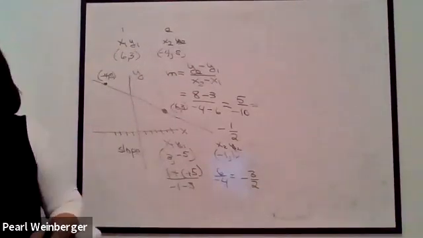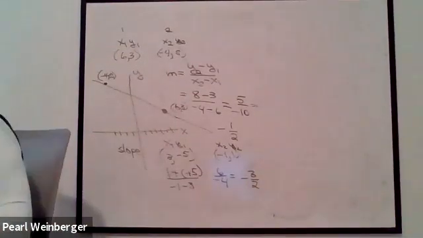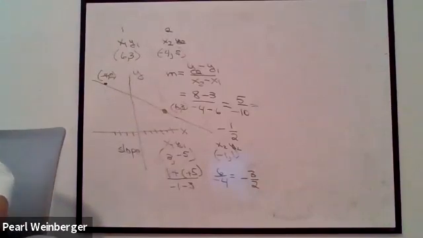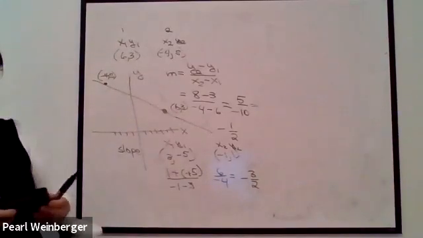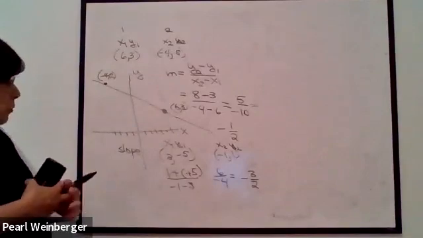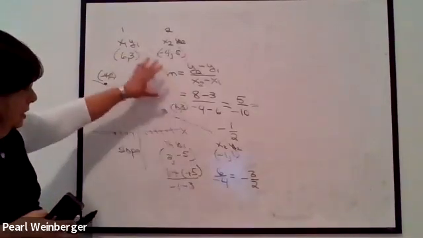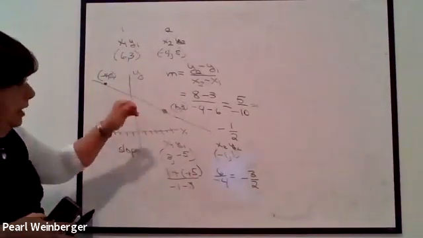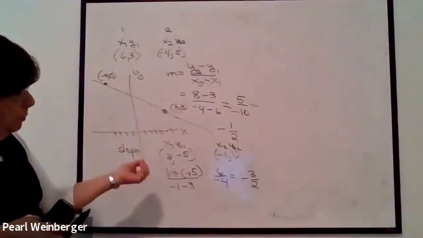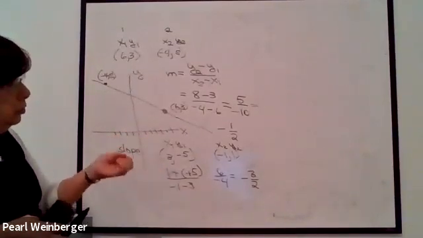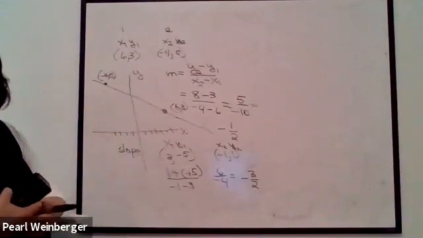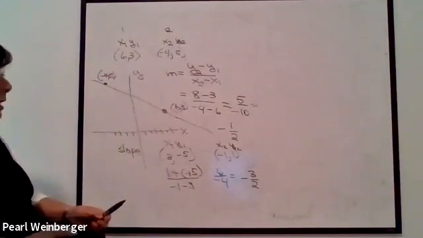All right, so now I just want to talk about, first of all, the fact that I can figure out the slope. I'm going to talk about what the slope can tell me. What kind of information can it tell me?